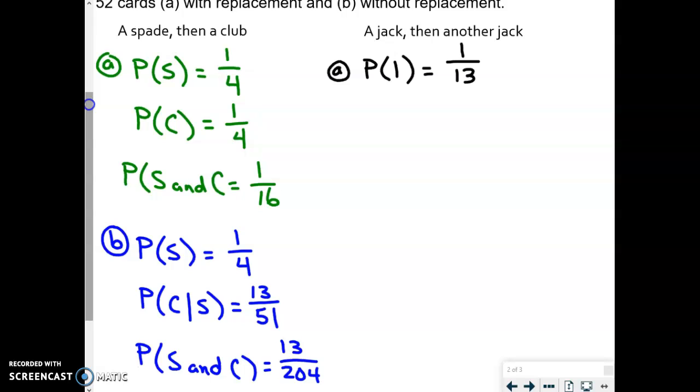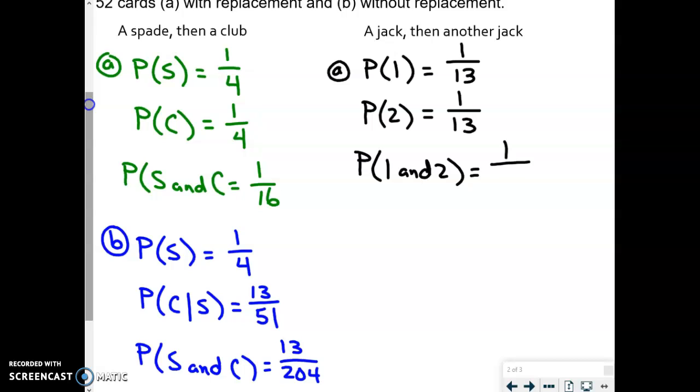So we put that card back in. The probability of drawing the second jack would also be 1 out of 13. So the probability of 1 and then 2 jacks would be equal to 1 out of 169. So very similar to the first event because the 52 goes back to normal for both.